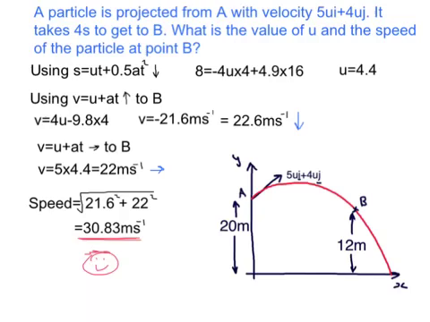Okay, v equals u plus at upwards to B. I could have used up, could have used down, doesn't really matter, does it? It's just going to be reversed. So I've got 4u, the component acting up, minus 9.8 times 4, the time of 4.